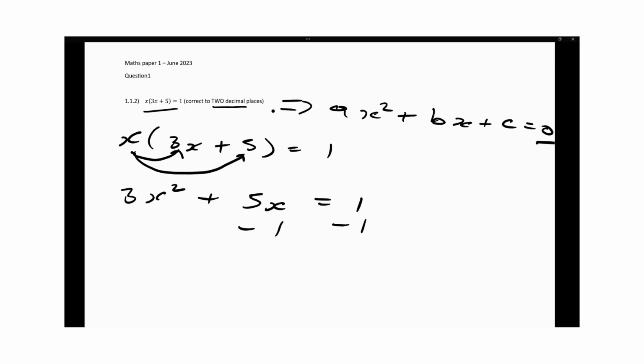Then 1 minus 1 is equal to 0, and 5x minus 1 gives us 5x minus 1, and then 3x squared comes down as it is, then plus 5x. Remember, every number goes with its sign on the left, which means this 5 with this plus, this 1 with this minus.